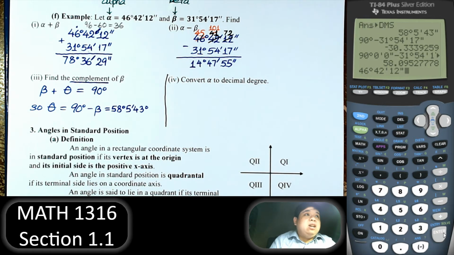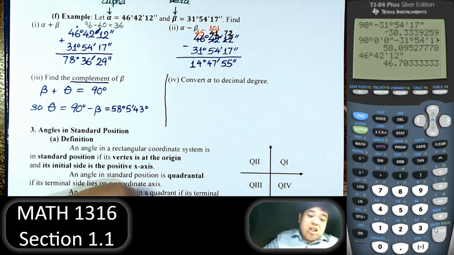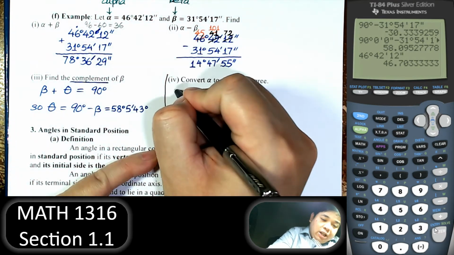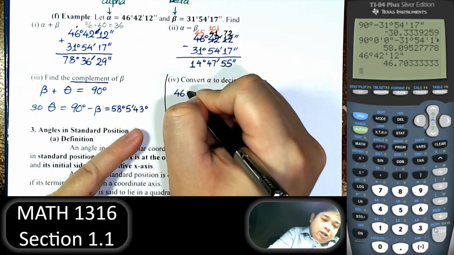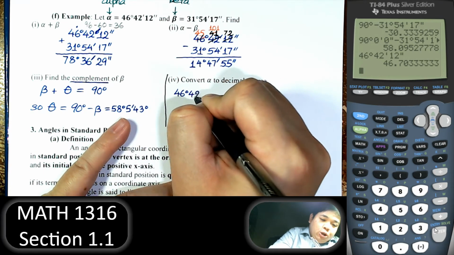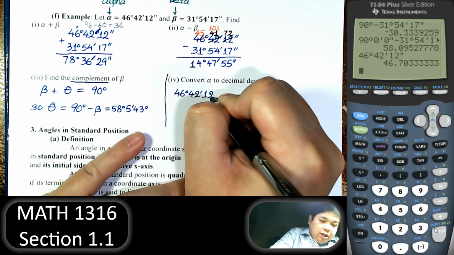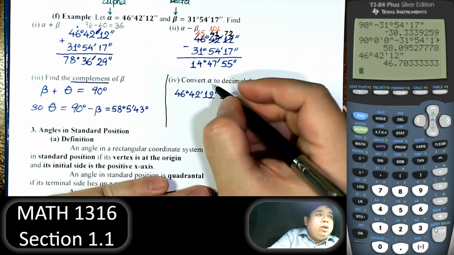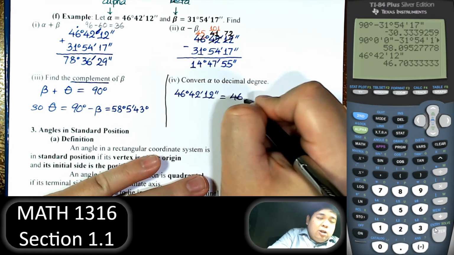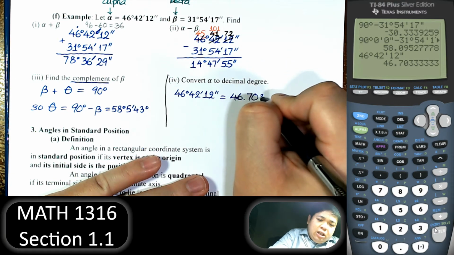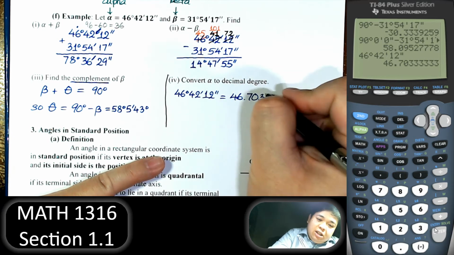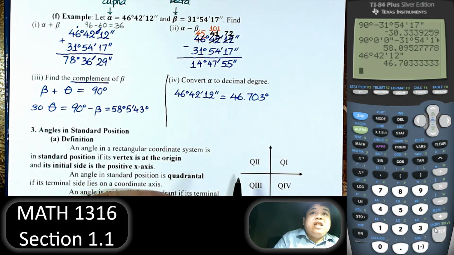If we just hit enter, it will convert to a decimal degree. So we say 46 degrees 42 minutes and 12 seconds is equal to 46.703, let's say 3 decimal places, degrees. So that is decimal degrees.